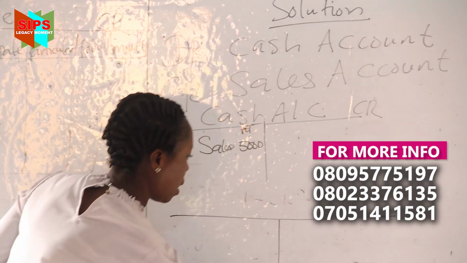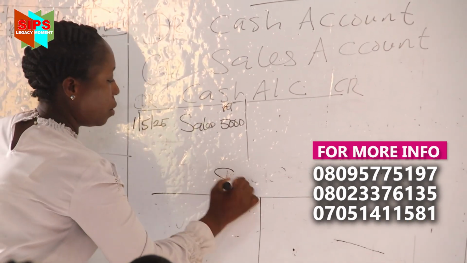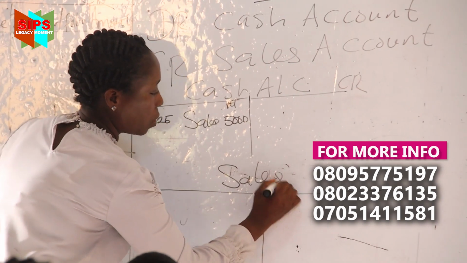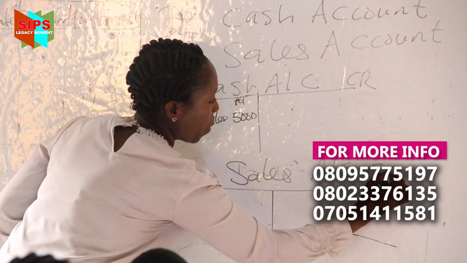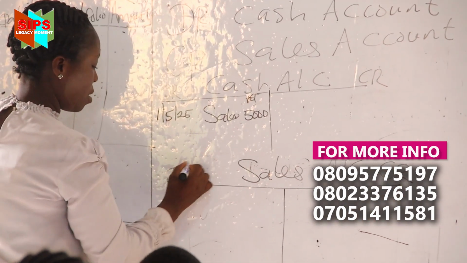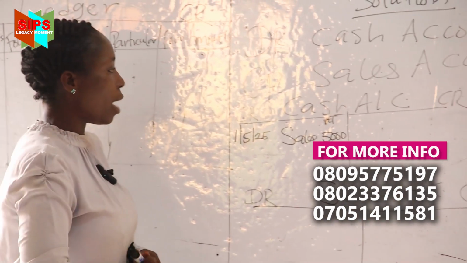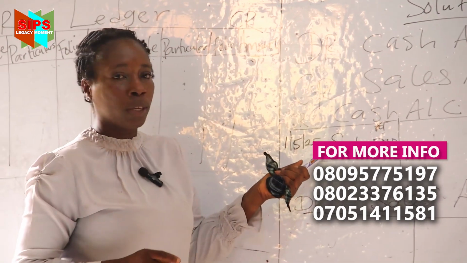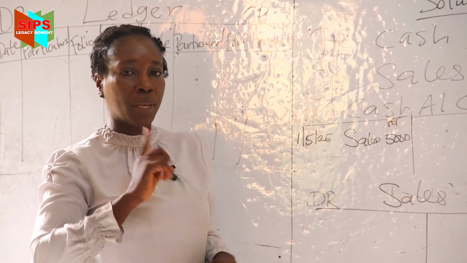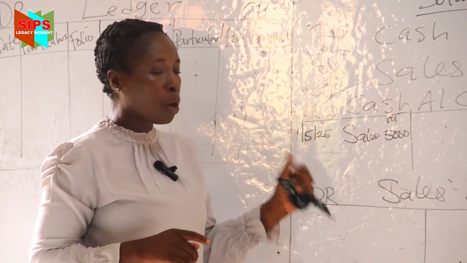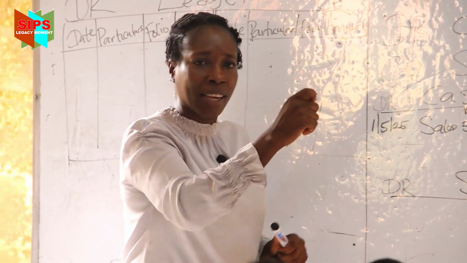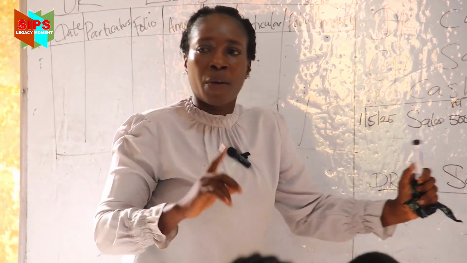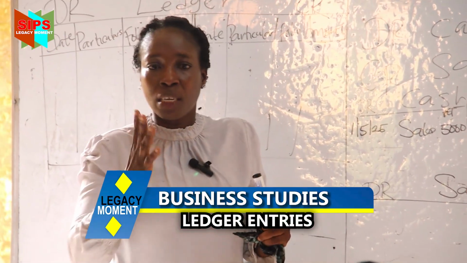So you open the next account, which is the sales account. So you have your credit side and your debit side. Now, having placed your cash sales on the debit side, you are going to replicate the same on your sales account, but you are transferring it to the credit side. Placing it on the credit side does not mean that you're spending money.